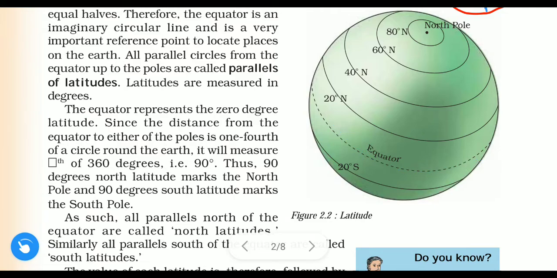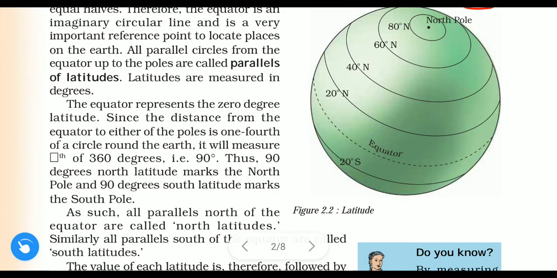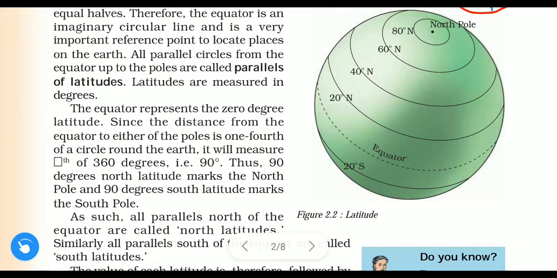So all the circles above the equator up to the north pole, or even from the equator to the south pole, are called parallels of latitudes.